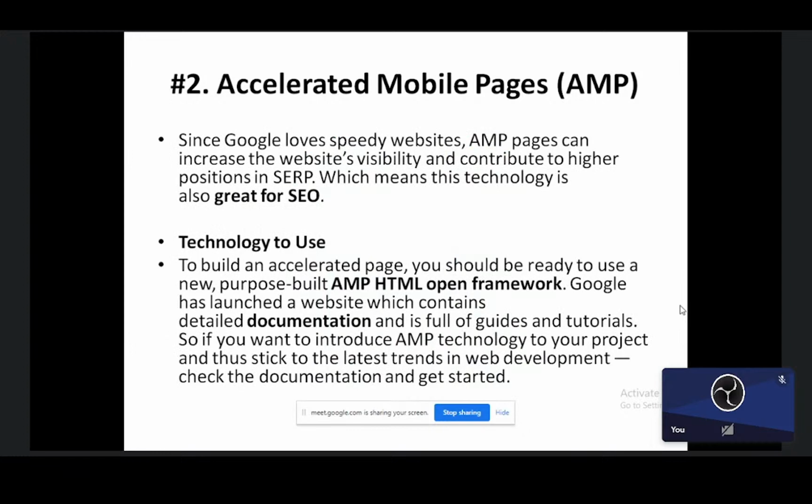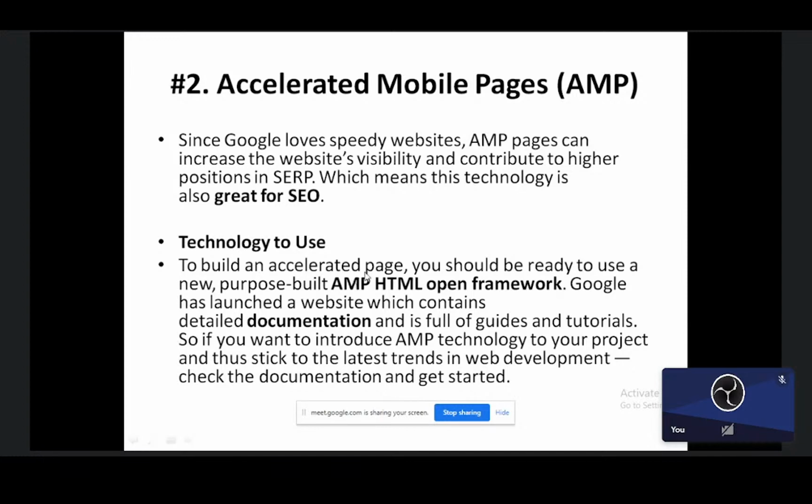Then the technologies to use to build AMP. AMP is very good for SEO because the Google search bot will select the pages which load very fast and display them in the search results. So this can be one of the crucial technologies for search engine optimization.